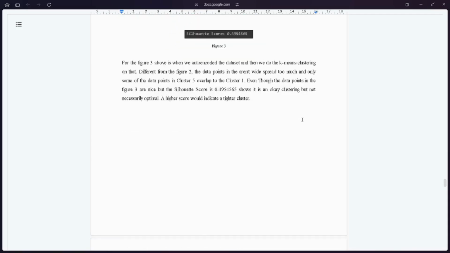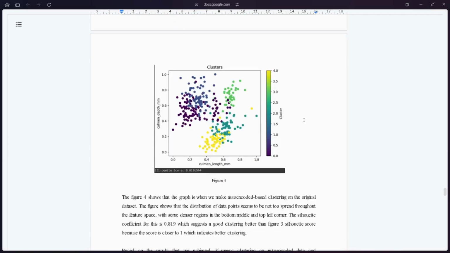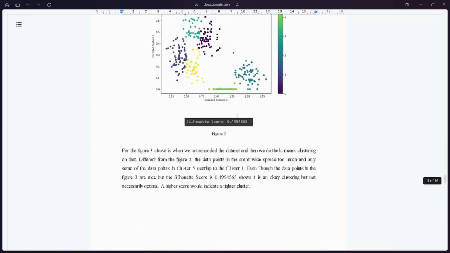And next, we do auto-encoder based clustering on the original dataset. So we can see the distribution seems tighter than the other two, not too spread out, and we see the region is denser than the other two.